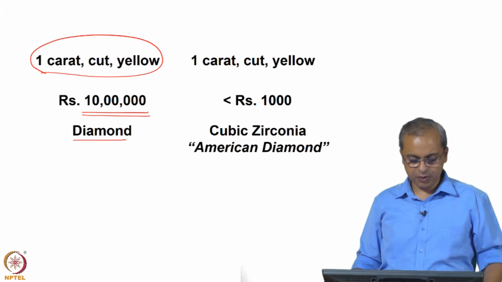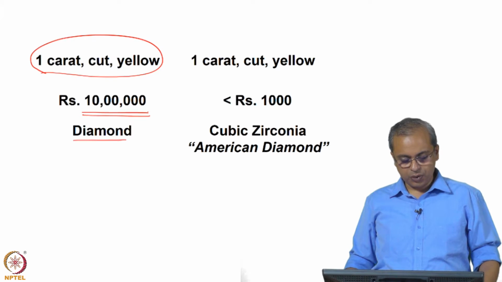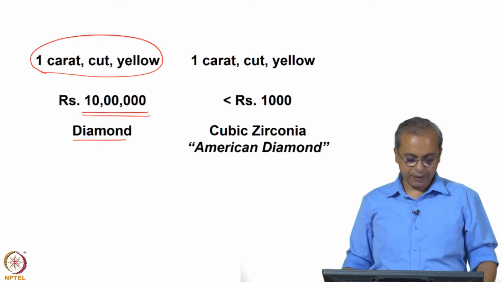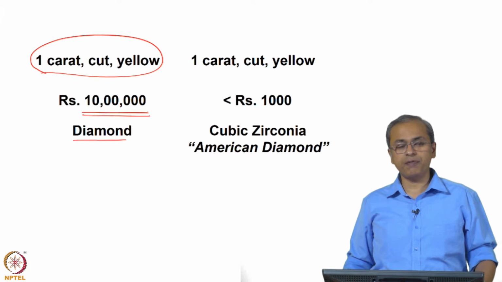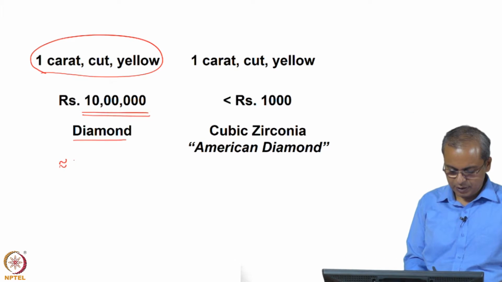If you divide that by about 70, which is what the US dollar rate is, you are looking at say 100,000 by 7. So, it is about $15,000, roughly approximately 15,000 US dollars.